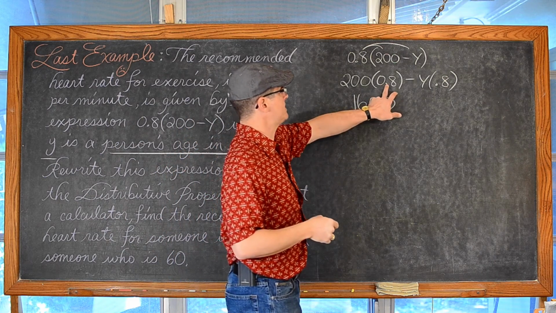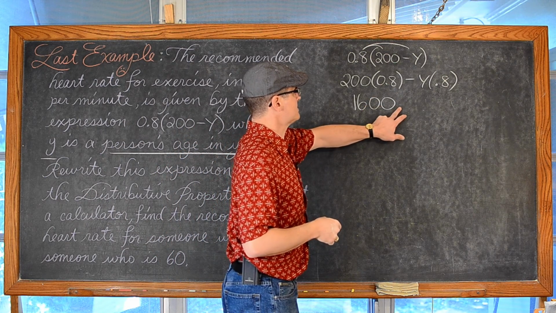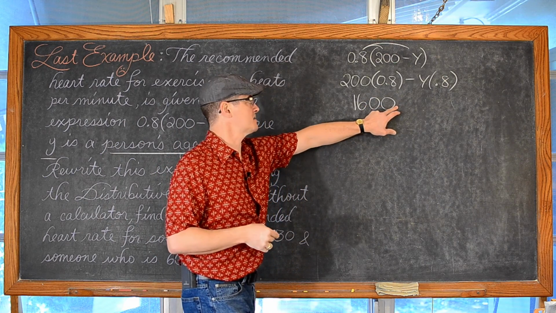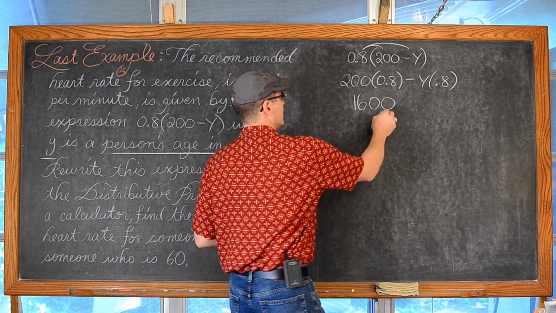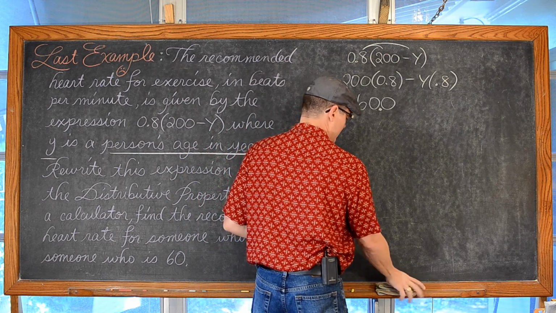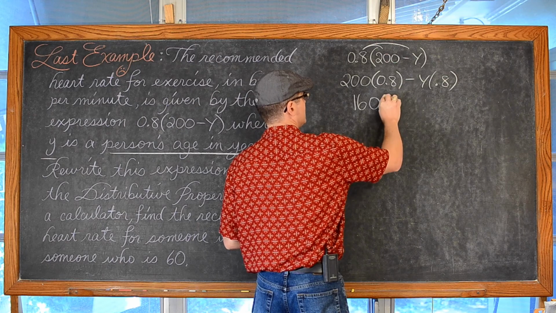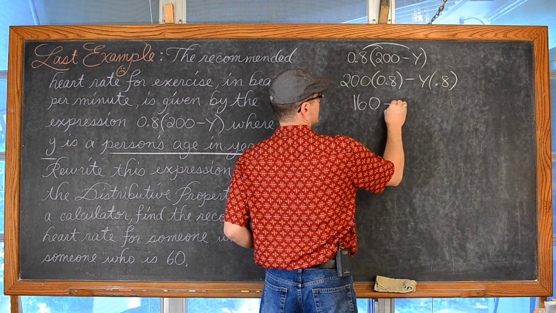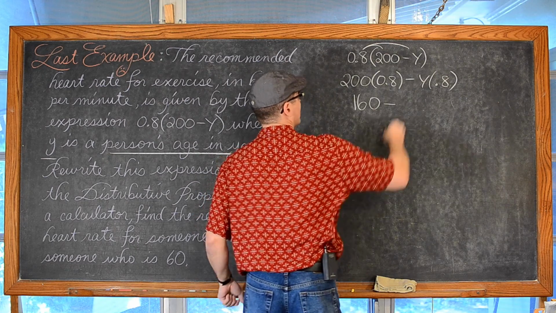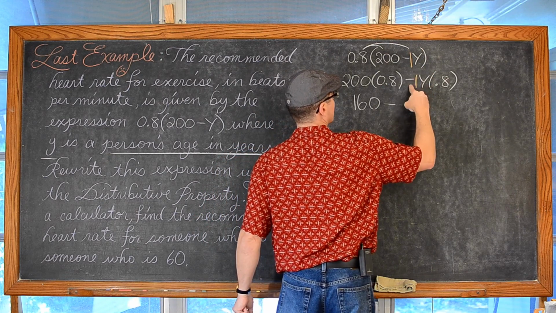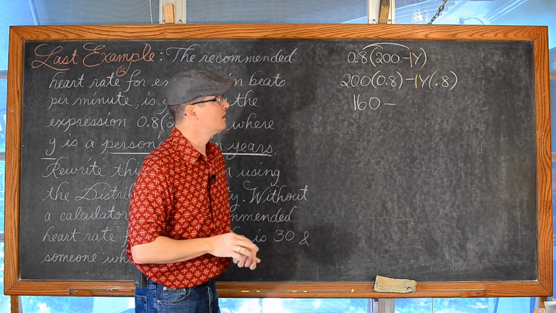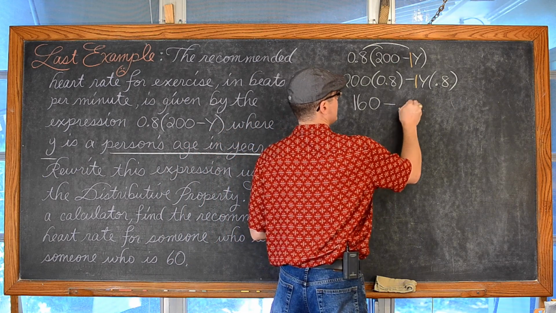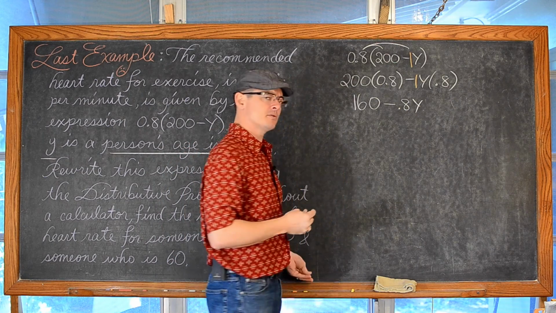So since there's one decimal there, we need to take the decimal that we see at the end of the 1600 and move it back one, and realize that 0.8 times 200 is 160. And then we have a negative times positive is negative, and there is a 1 in front of that y. 1 times 0.8 is 0.8, so we have negative 0.8y, and there's our expression.